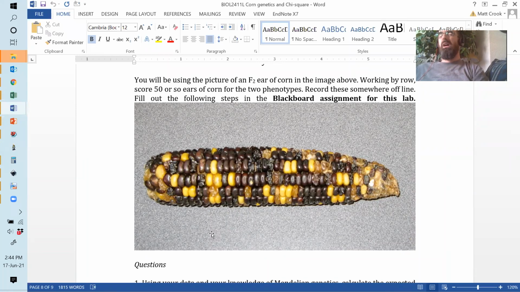What would that be? Yellow and wrinkled, I think. So you don't have to do each and every kernel. I mean, you can't really see each and every kernel. You just need to do enough to be able to generate meaningful data for your chi-squared. And also because it'd be really boring to count every kernel.